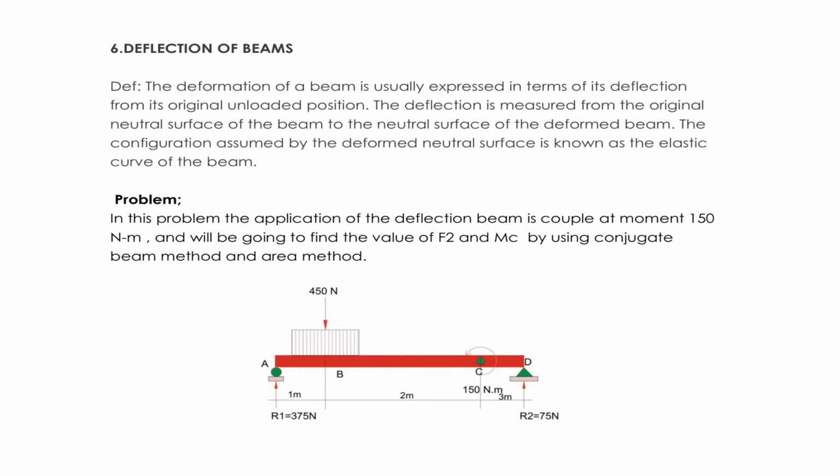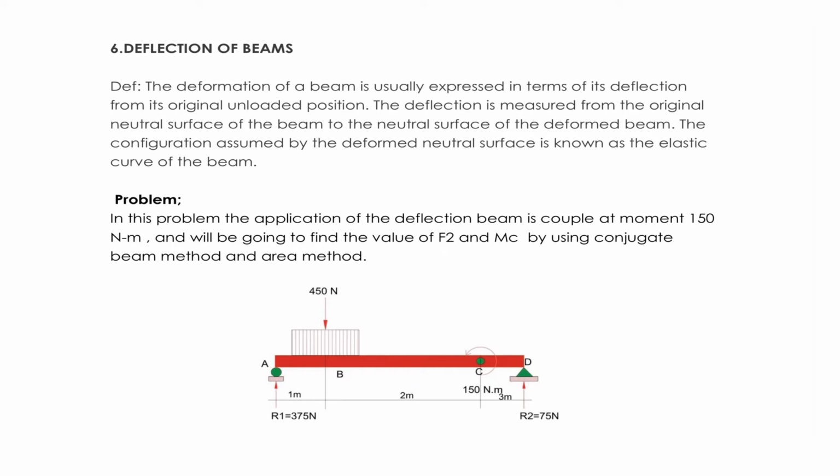Deflection of beams. The deformation of a beam is usually expressed in terms of its deflection from its original position. The deflection is measured from the original neutral surface of the beam to the neutral surface of the deformed beam. The configuration assumed by the deformed neutral surface is known as the elastic curve of the beam.